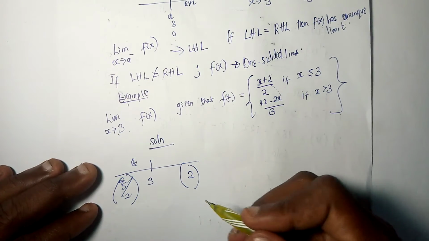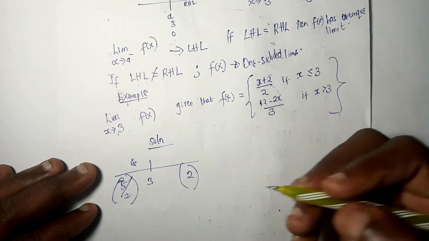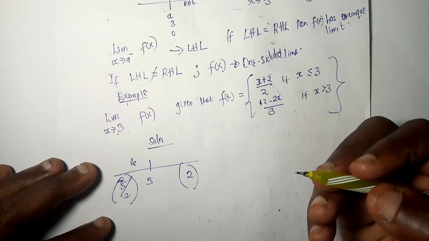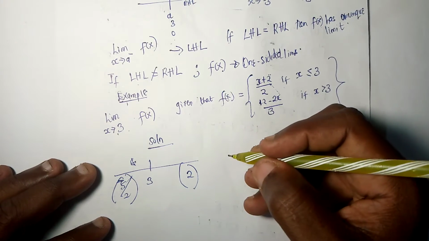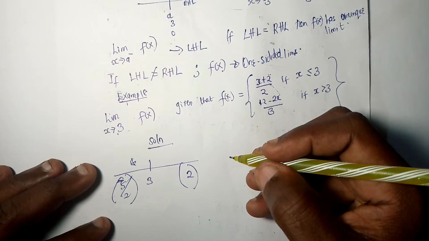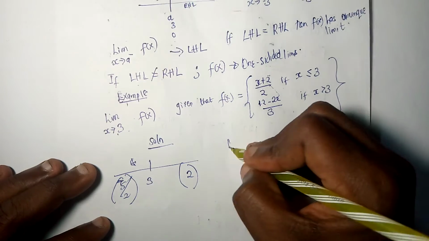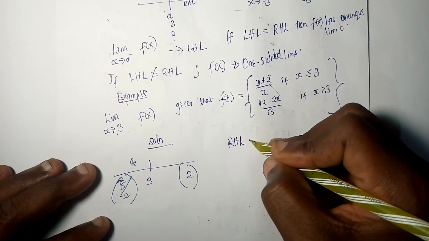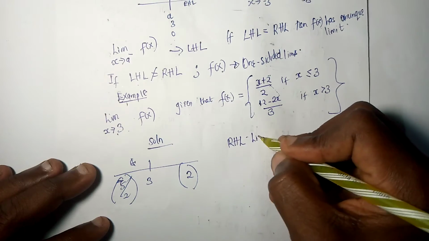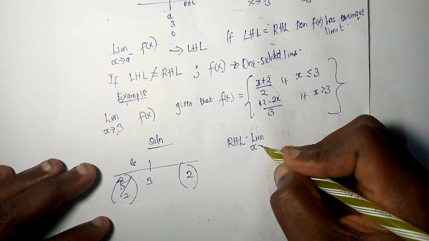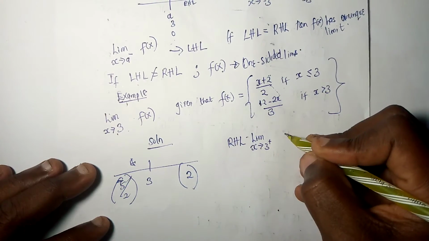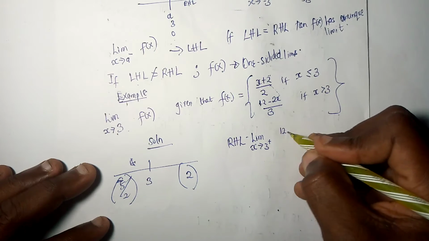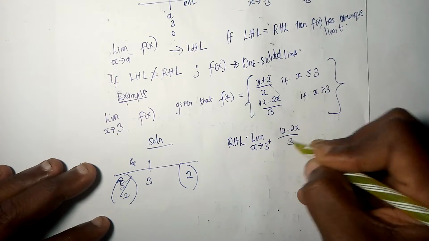I might have done this in a rushed form that maybe some of you do not get. So let's evaluate the right-hand side limit, which is limit as x approaches 3 in the positive direction of 12 minus 2x over 3.